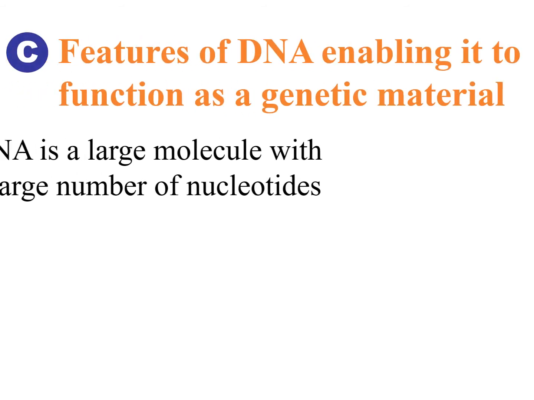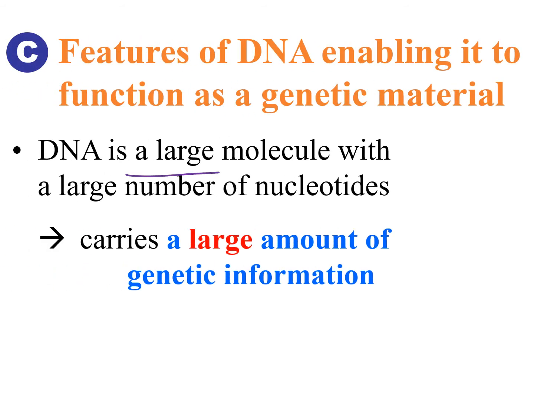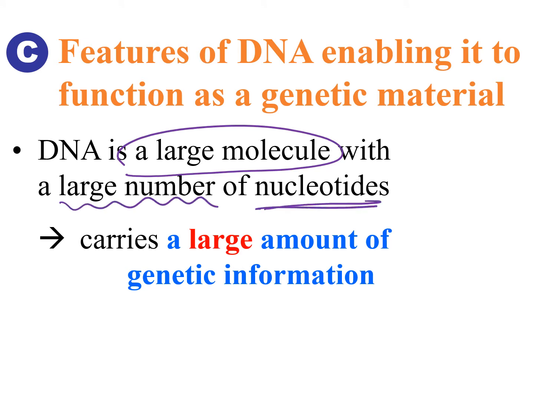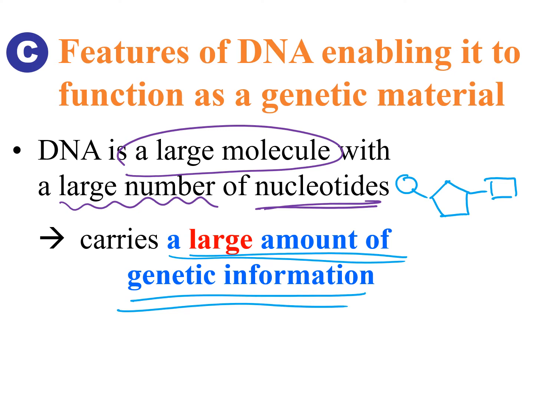As I have said before, DNA is a very large molecule with a double helix, and it has a large number of nucleotides. If you remember what a nucleotide is, this is how a nucleotide looks like, the building block. And with a lot of nucleotides, you can store a lot of genetic information.